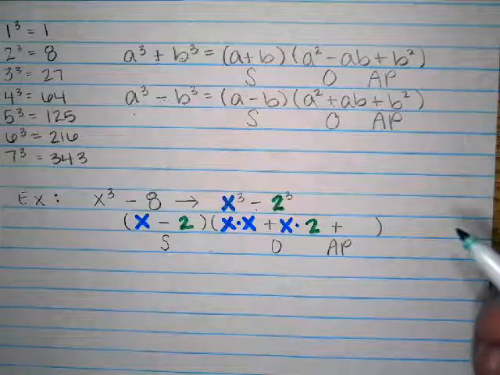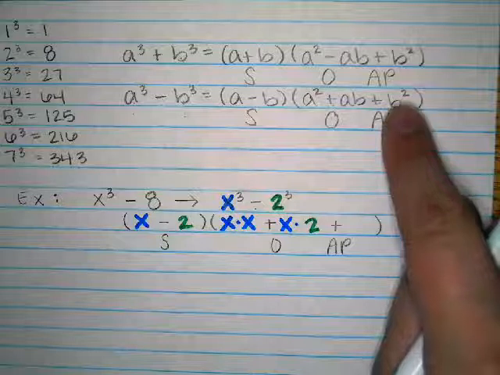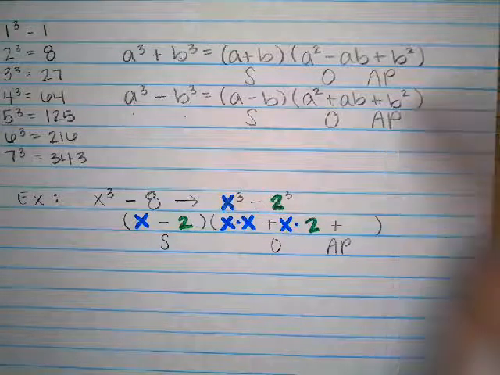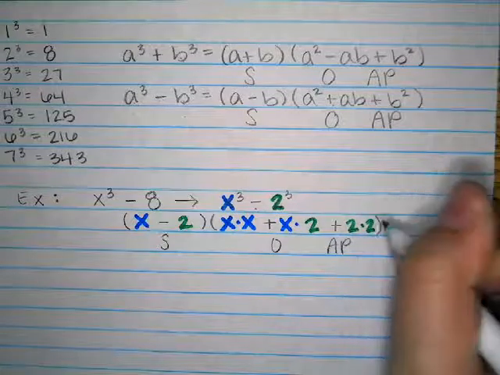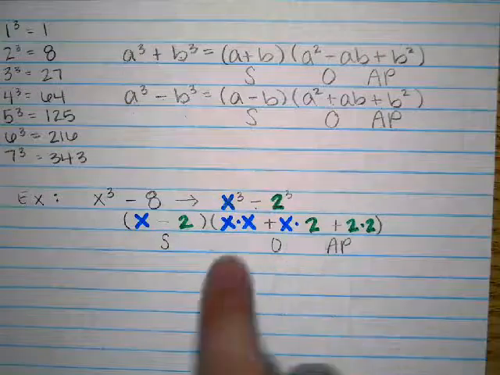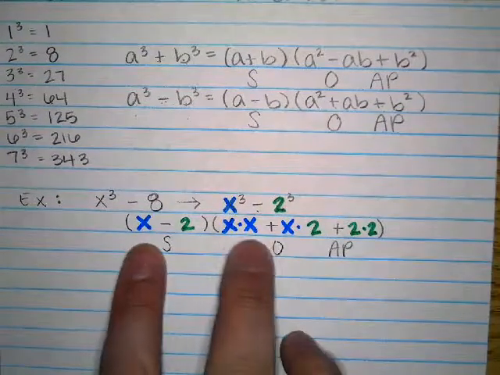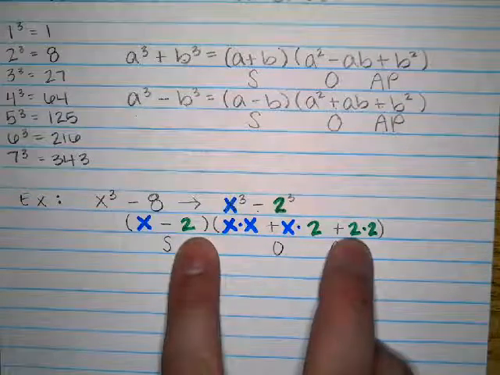And then for the last one, I do the second number multiplied by itself. 2 multiplied by 2. And what you notice is that when we followed the pattern, the first half of the parentheses was in one color, the second half of the parentheses was in the other color.